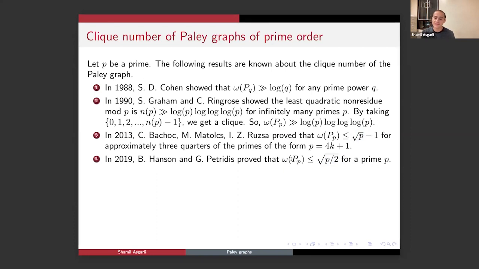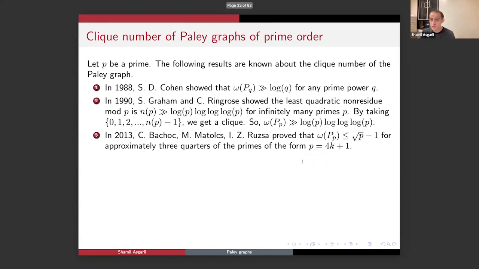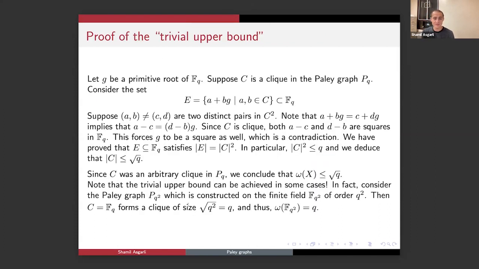But now you might ask, well, what about other Paley graphs? Now, you can't prove this for all Paley graphs because it's just not true, as we saw in the previous example, that the trivial upper bound actually does hold in some cases. Especially it holds when you have a finite field of square order.